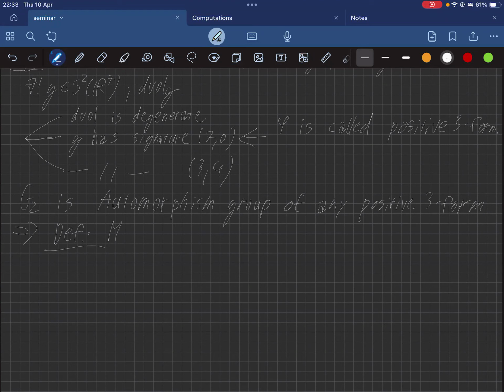We say that a manifold M has G2 structure phi if phi is a 3-form on our manifold such that for each point p on our manifold, phi at the point p is positive.